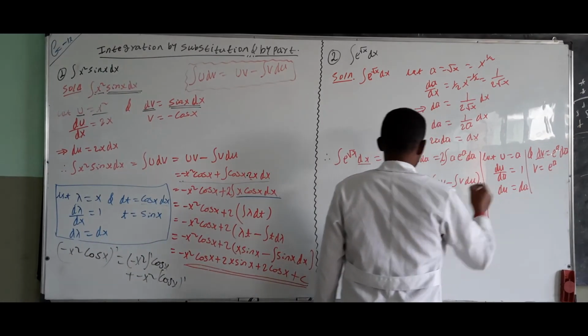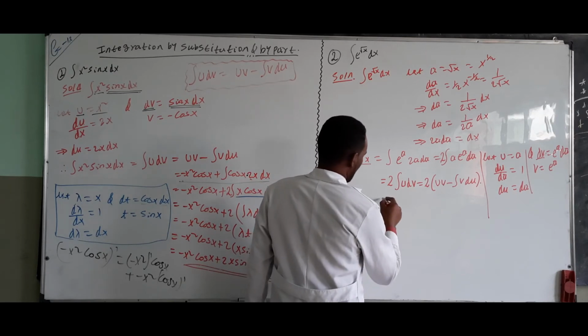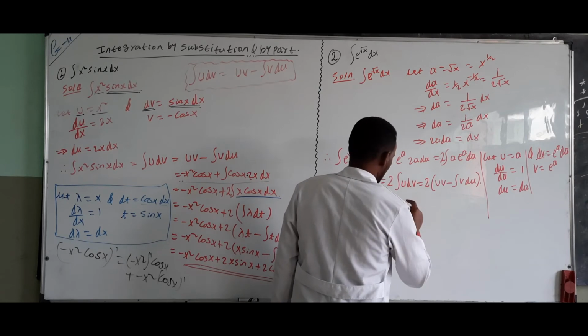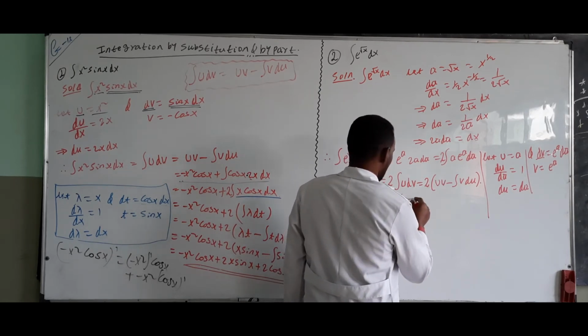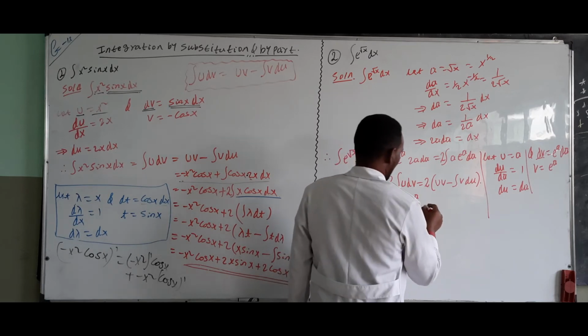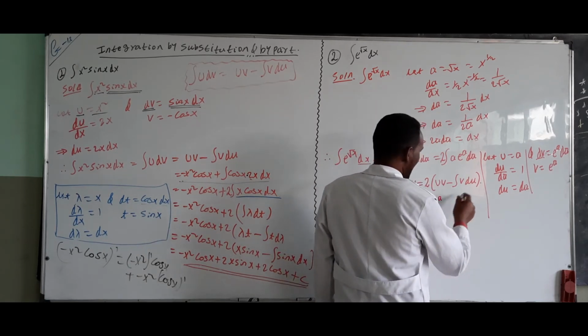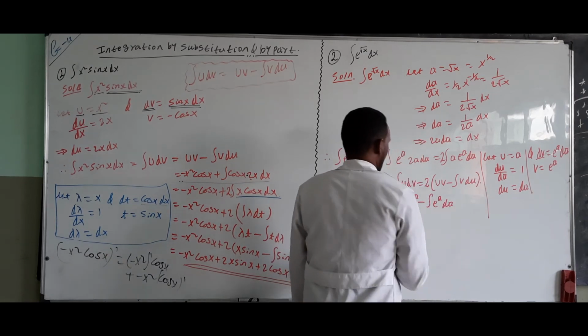Then this is equal to 2 times u, which means a, v, which means e to the power of a, minus the integration of v, which means e to the power of a, du, which is equal to dA.